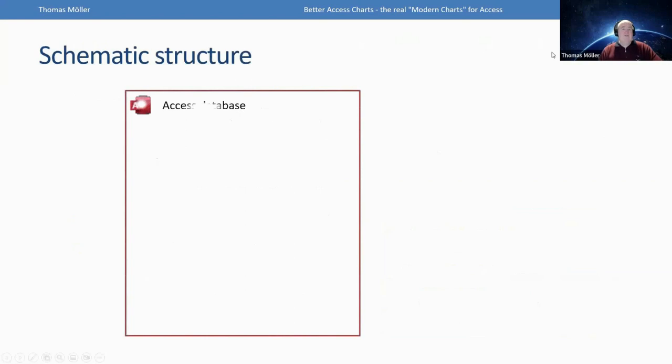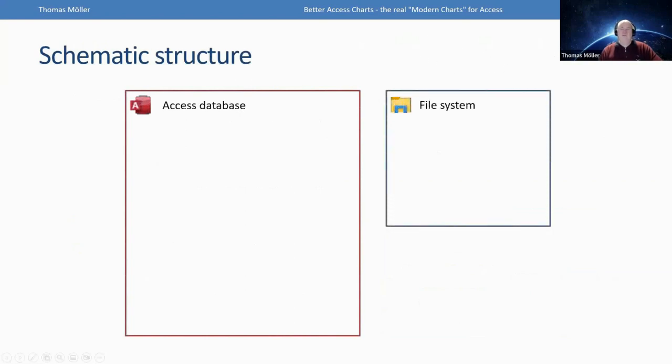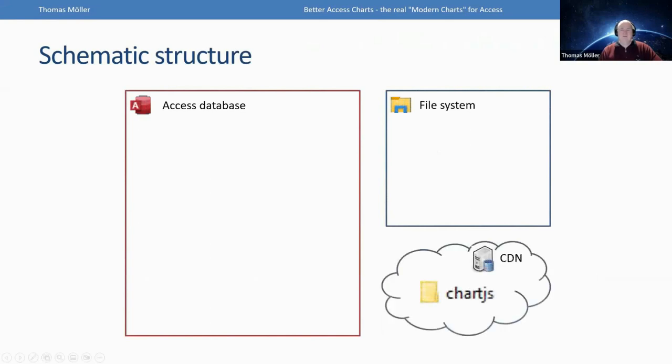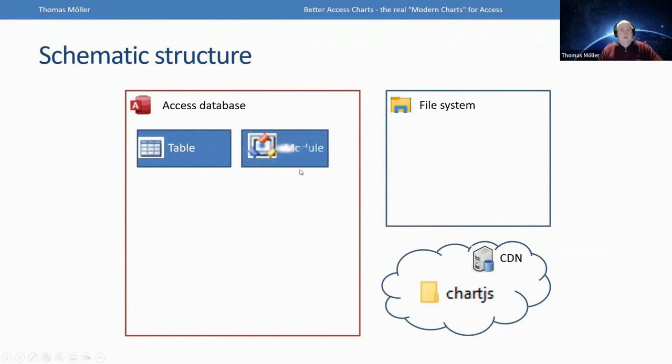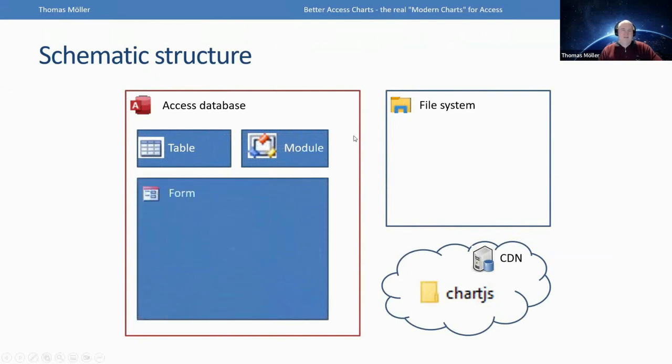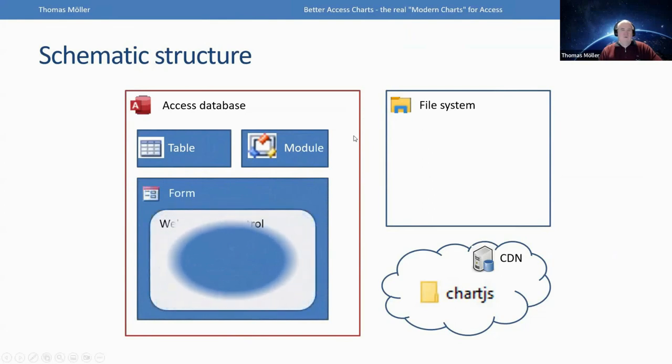And what is the basic schematic structure behind all this? Again, we have a database, we have the file system, and we have Chart.js stored in the CDN on the web. In the database, we have a table with the data. We have one or more modules, and as we already know, a form with the web browser control. Then the module takes the data out of the table.